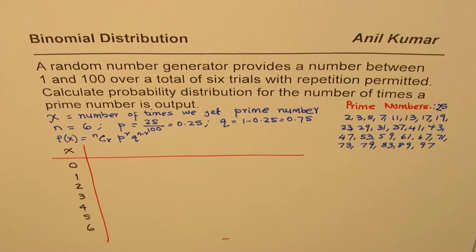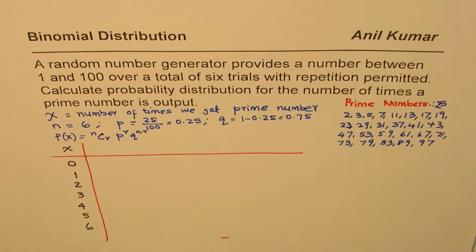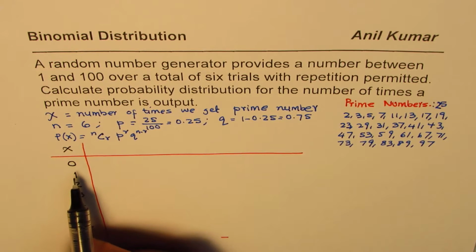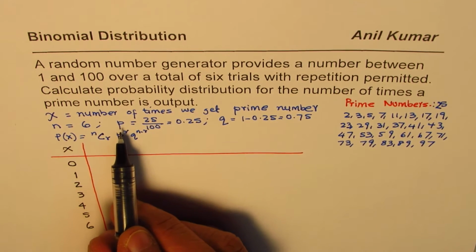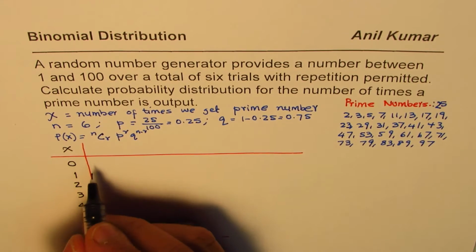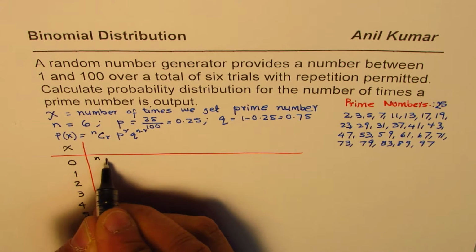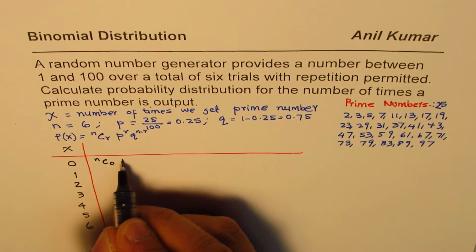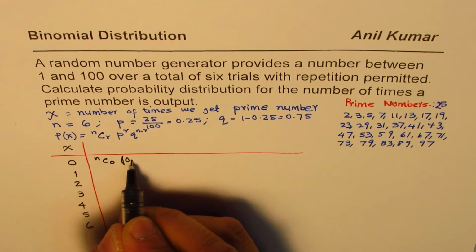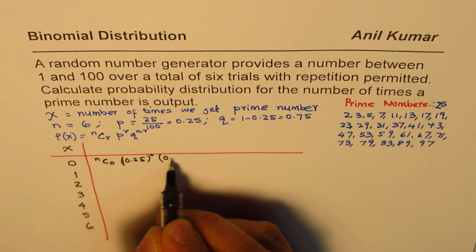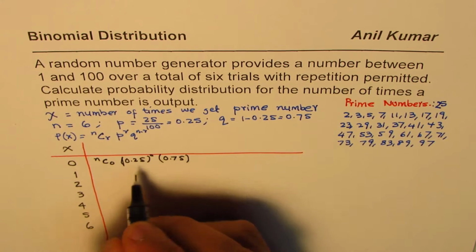Now, if there are 0 successes, that means no prime number, right? The number of prime numbers is 0. So in this case, it will be 6C0, 0.25 to the power of 0 and then 0.75 to the power of 6.